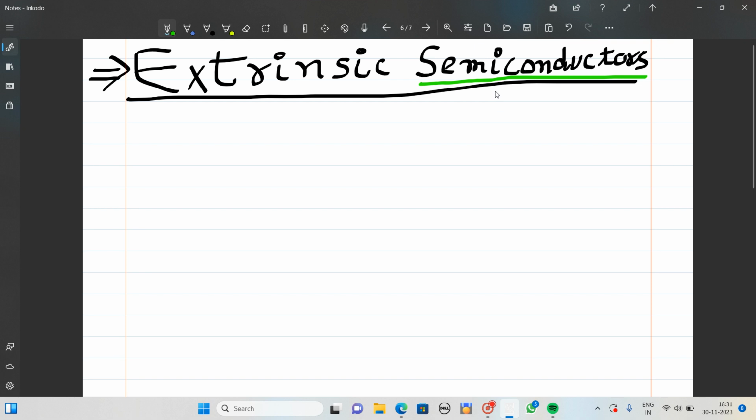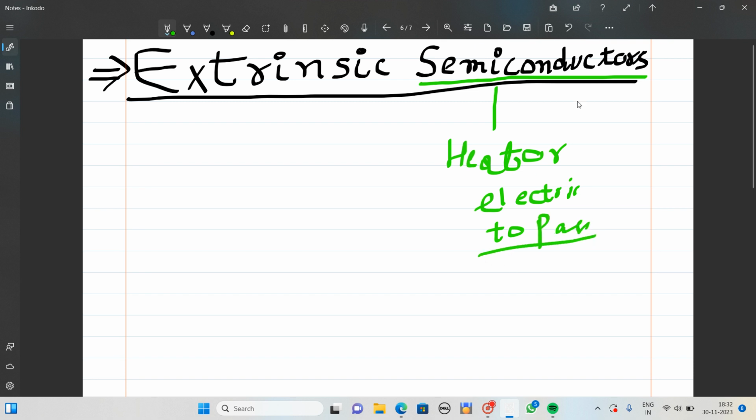The substances that allow heat or electricity to pass through it are called semiconductors.